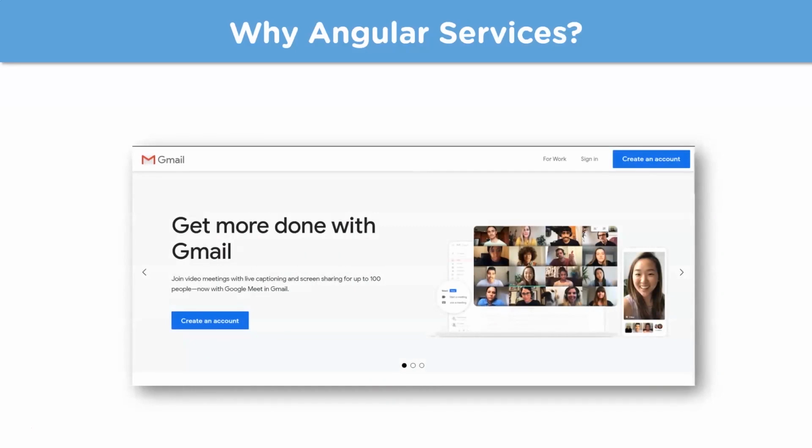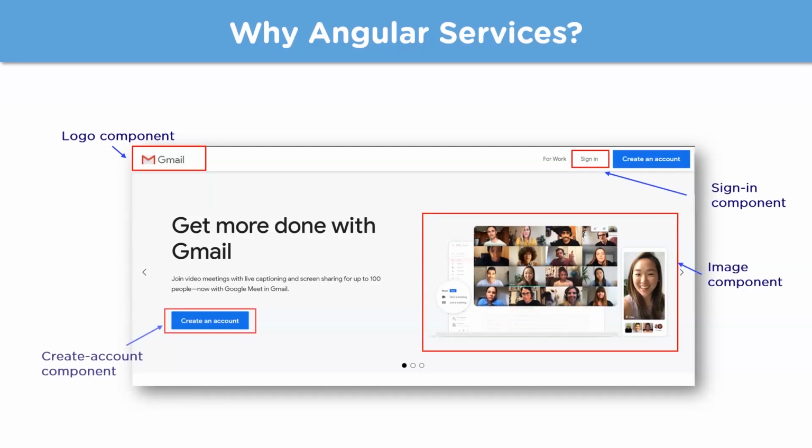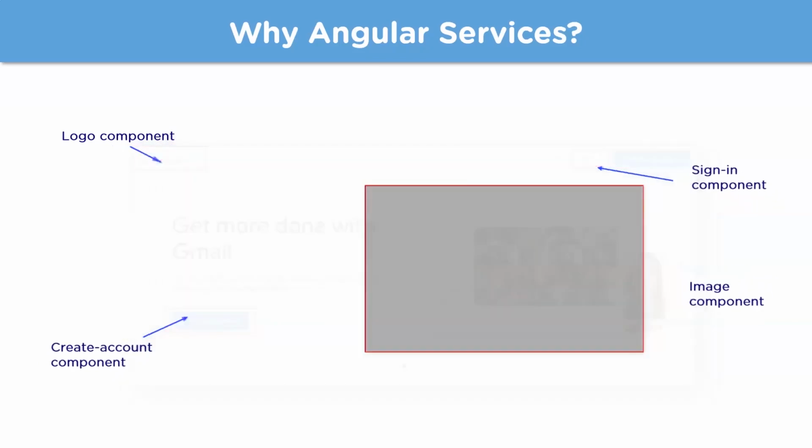I'm sure you all know that an Angular app is divided into several components. For example, you have the logo component, you have the sign-in component, an image component, and say a create account component. Now these components are standalone and each of them represents a part of the user interface.